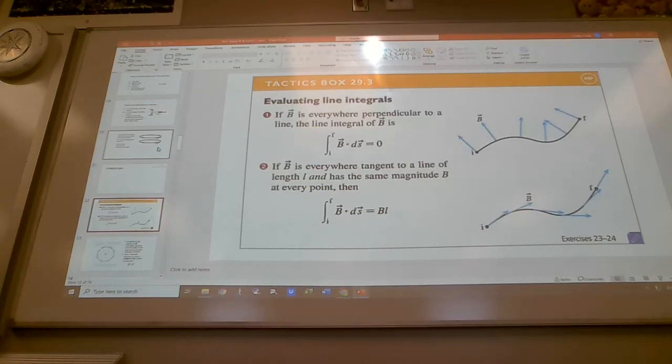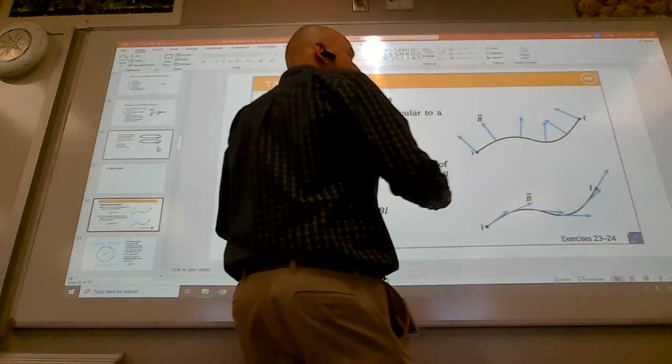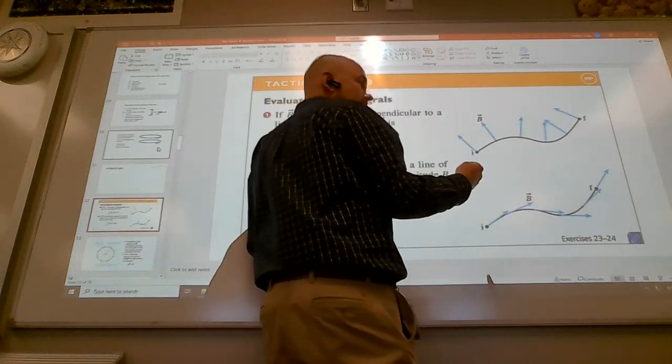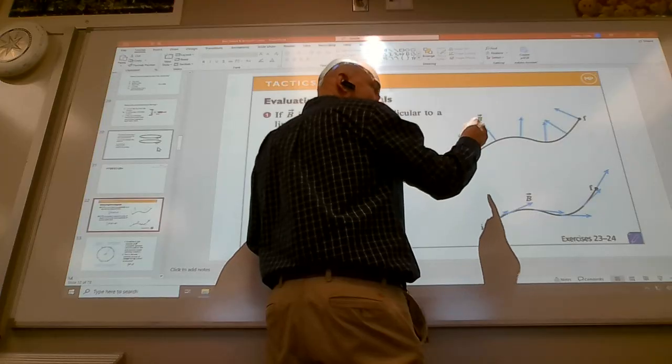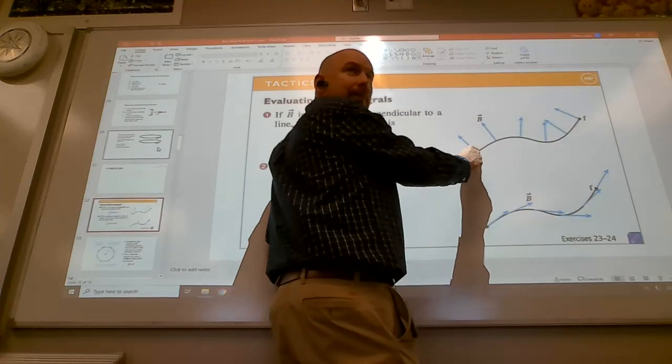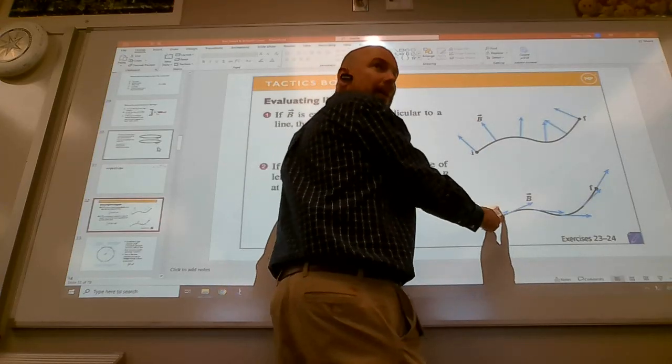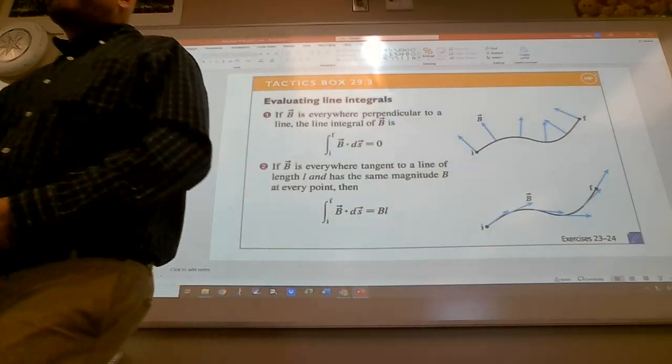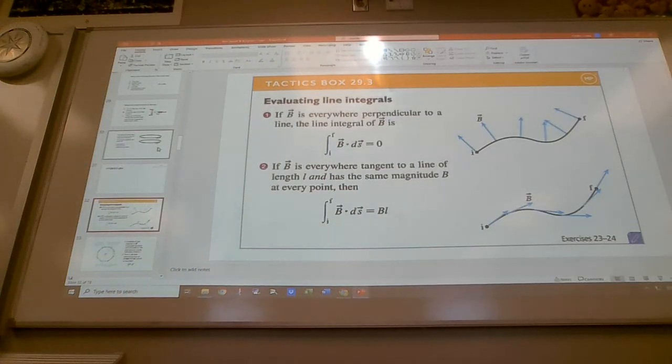So we're going to try to draw our Amperian loops so that the magnetic field is either perpendicular to the path or parallel to the path. That would be bueno, muy bueno, because then we don't have to do calculus. Good with that?